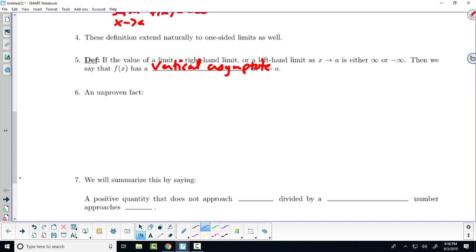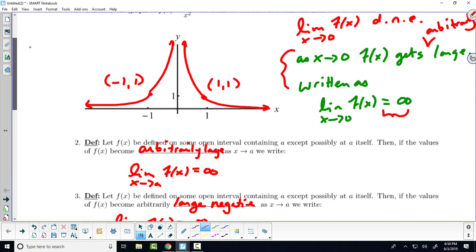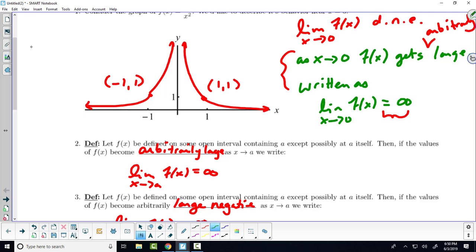When that happens, we say that there's a vertical asymptote there. Graphically, we've already learned what vertical asymptotes look like. You've encountered enough of these to say, oh yeah, there's a vertical asymptote here at x equals 0. But what justifies that? The fact that either the left, right, or limit proper came out to be written as infinity, arbitrarily large.